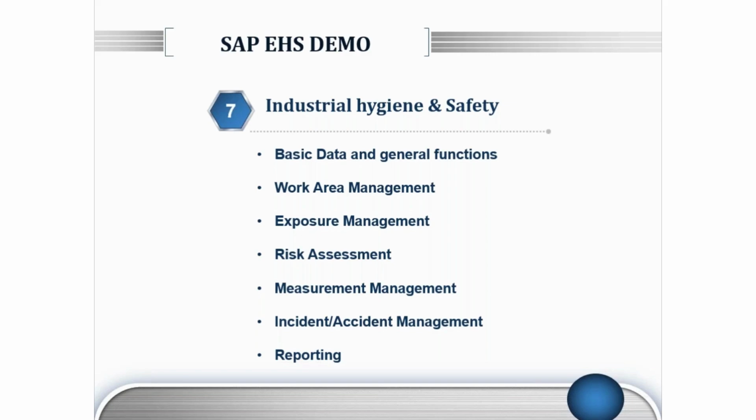I'll take a plant and divide it into different work areas, maybe maintenance area, production area, warehouse area, laboratory, canteen, parking, etc. I'll divide it into different work areas, boiler room or STP, ETP area. By dividing a plant into different work areas, it is going to help me analyze what hazards are there and what kind of safety measures I need to implement in that work area, so that it will be easier for me.